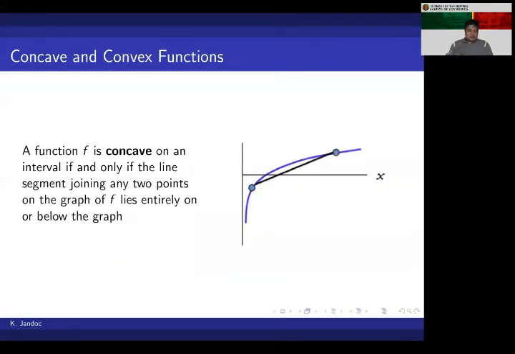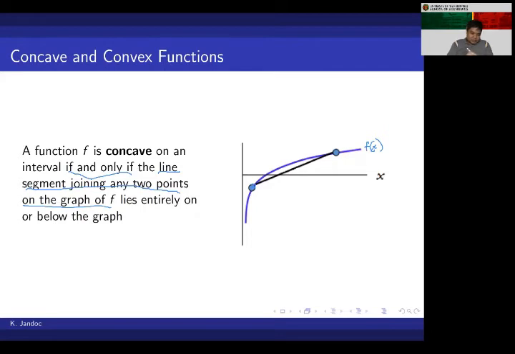So now let's go to concave and convex functions. Consider this graph over here. This is your function f of x, this purple curve. Intuitively, a function f is concave on an interval in the domain if and only if the line segment joining any 2 points on the graph of f lies on or below the graph.